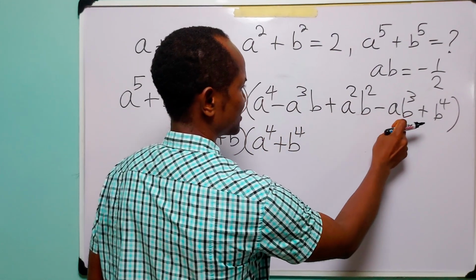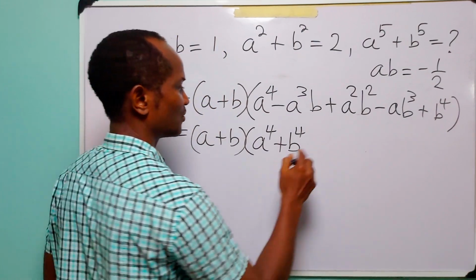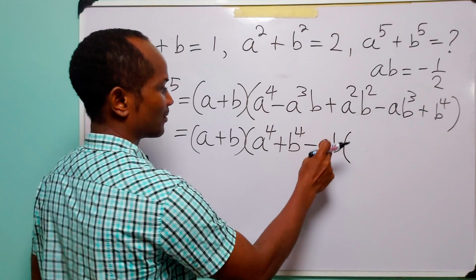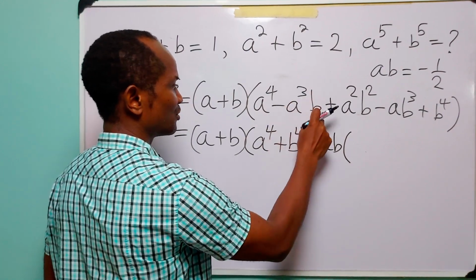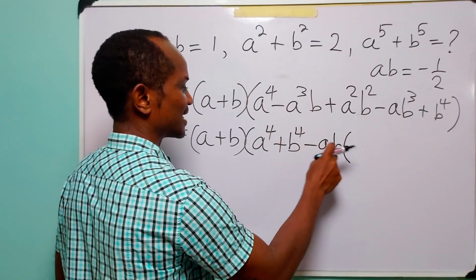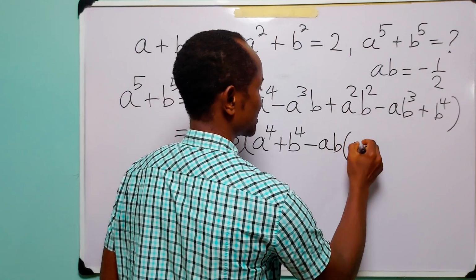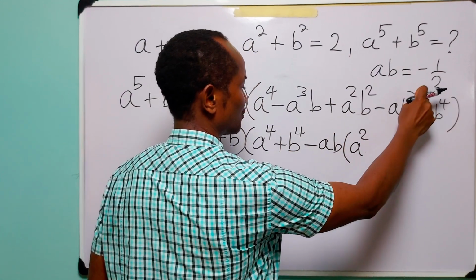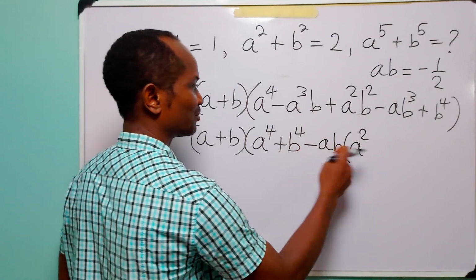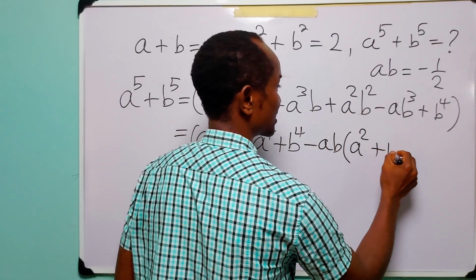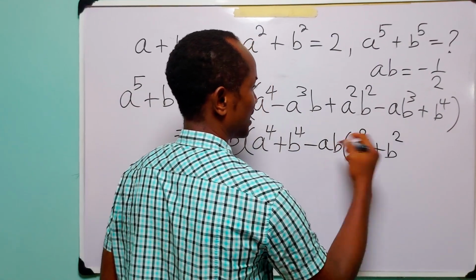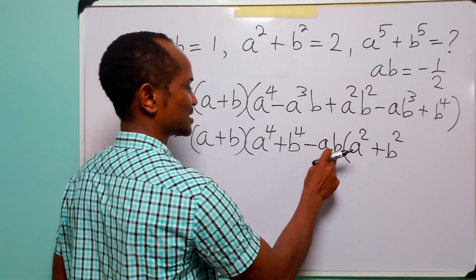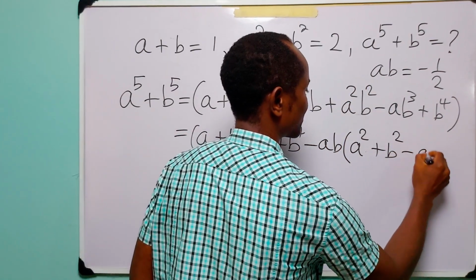Now we can factorize these three because we have a common factor, which is minus ab. Minus a cubed b divided by minus ab gives us a squared. Minus ab cubed divided by minus ab gives us plus b squared. And a squared b squared divided by minus ab gives us minus ab.